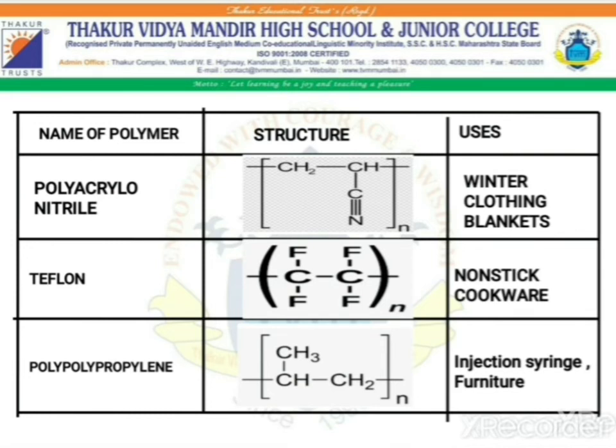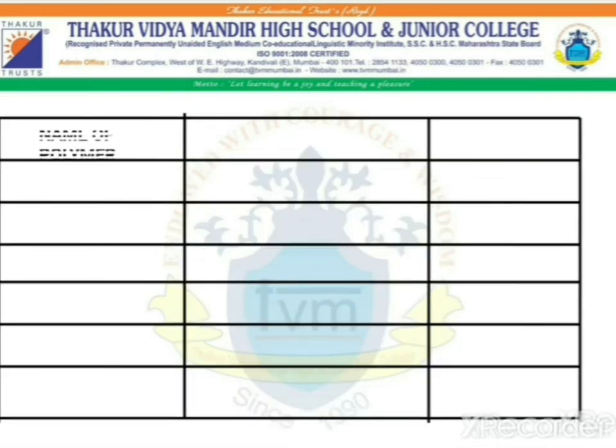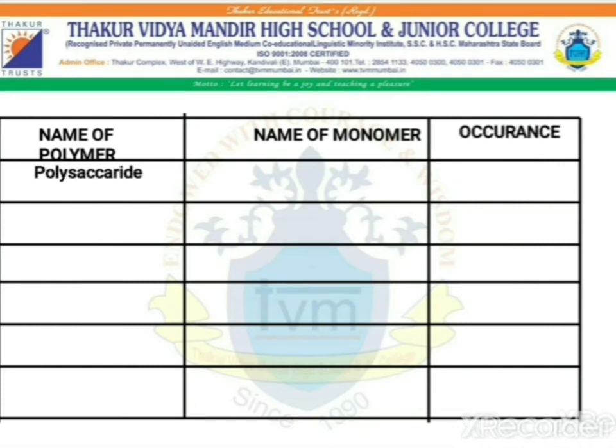The composition and the structure of natural polymers: after carrying out their decomposition, the composition of the main natural polymers is given in the table here. So these are the examples of natural polymers. The first is polysaccharides.